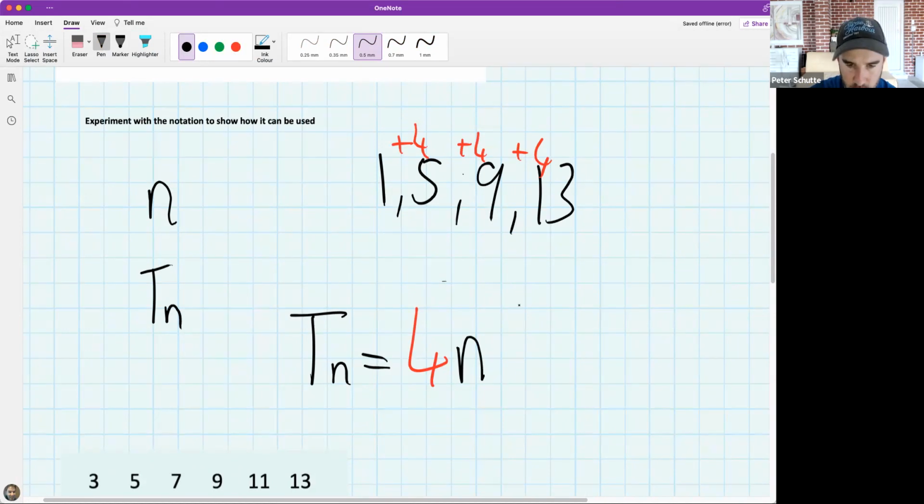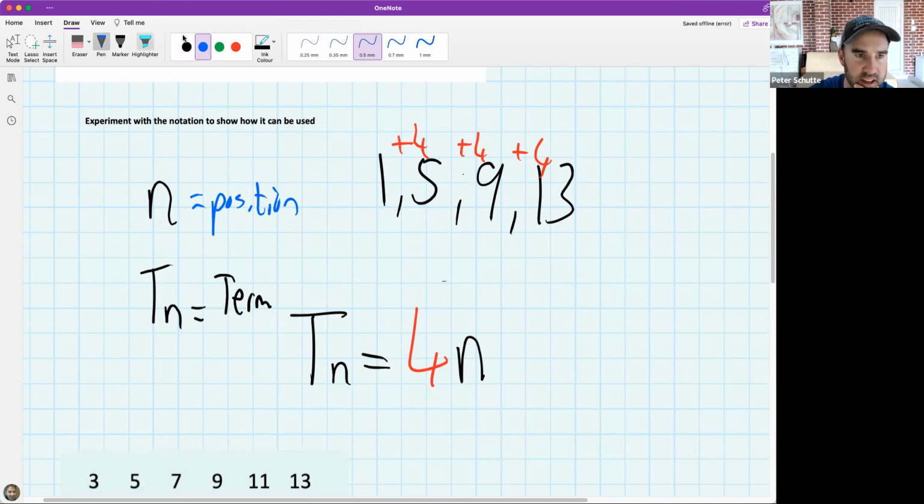Now, at the moment, does this formula describe the number pattern I'm trying to describe? It actually doesn't. And we can test that by simply substituting in values for n. Remember, n refers to the position and Tn refers to the value of the term.